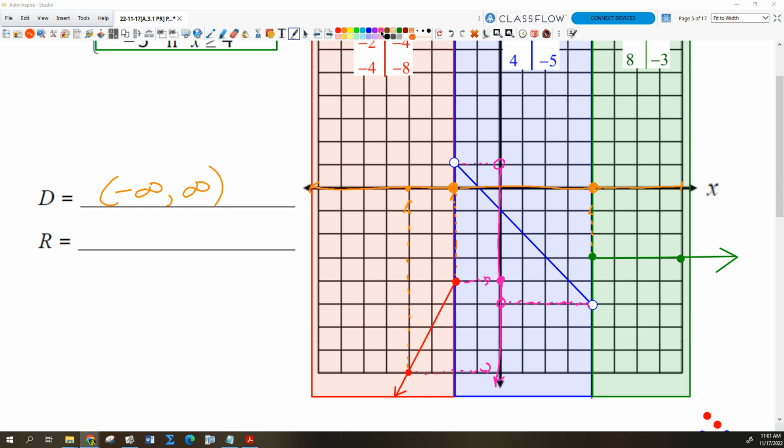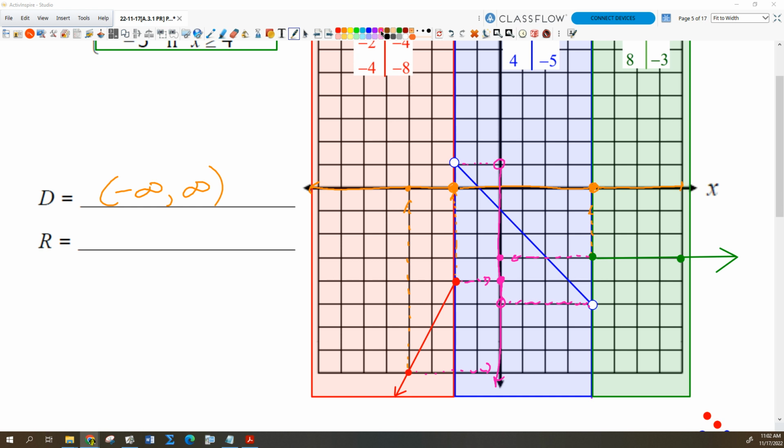And then what about the green range? What does the green range include? What are all the green y values? Only one of them. It's -3, which just gives us 1 point there. But we already had that point. That was already part of our range. So combine all those.